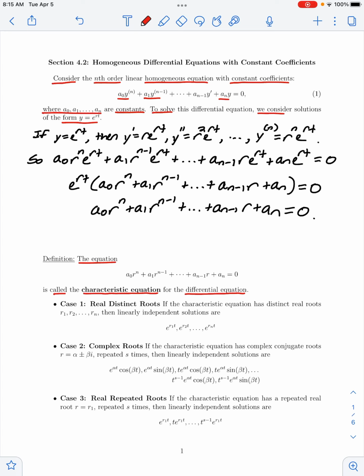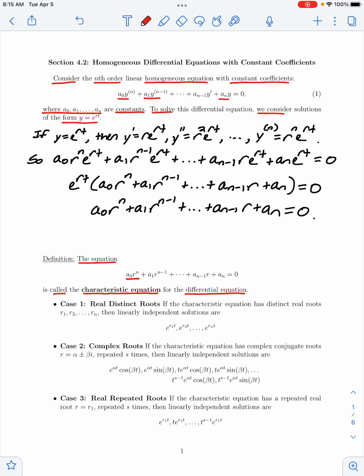So just like for second order homogeneous linear equations with constant coefficients, where we had a second degree characteristic polynomial, for an nth degree equation, we have a polynomial of degree n for our characteristic polynomial, and we're looking for the roots of this characteristic polynomial.